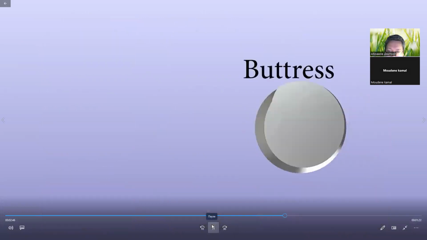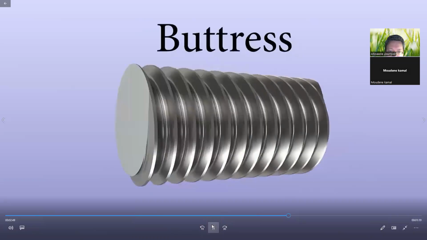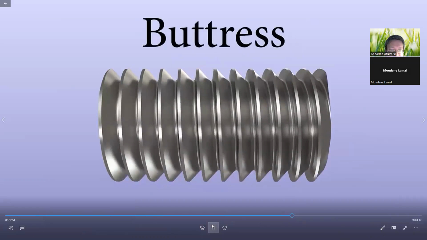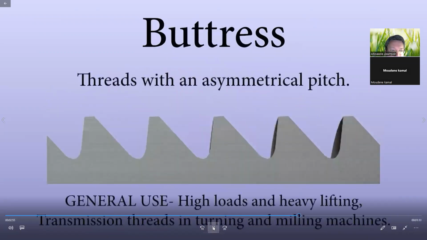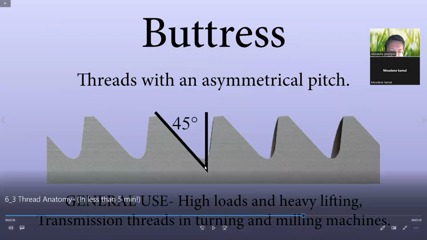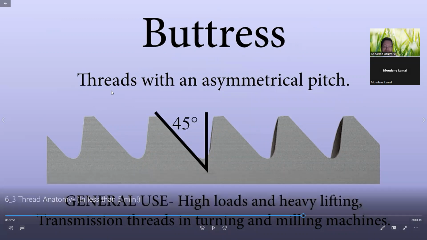Buttress. Threads with an asymmetrical pitch. All previous types of threads were symmetrical, having a symmetrical pitch.